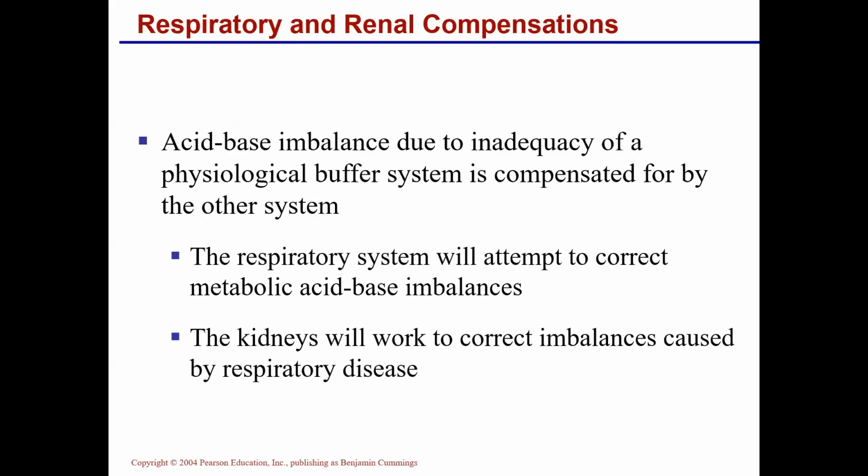So in terms of regulation, let's just use an example. If it's respiratory acidosis, it is caused by a respiratory problem, then of course the respiratory system cannot be used to compensate for this condition.